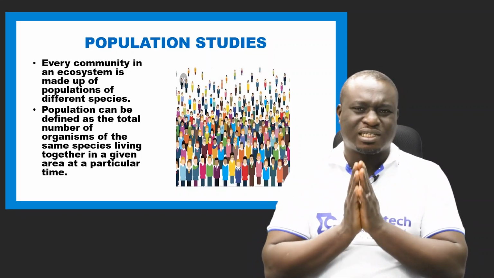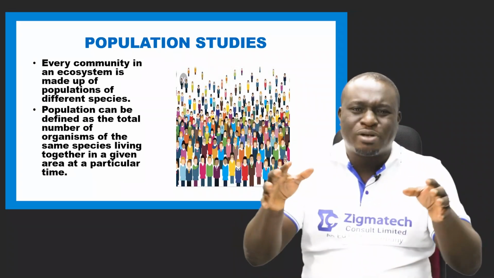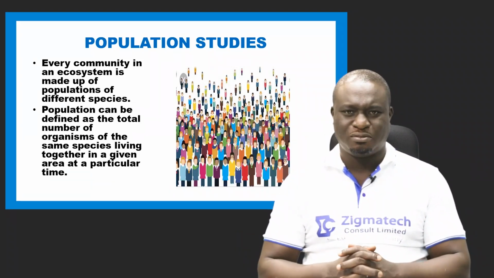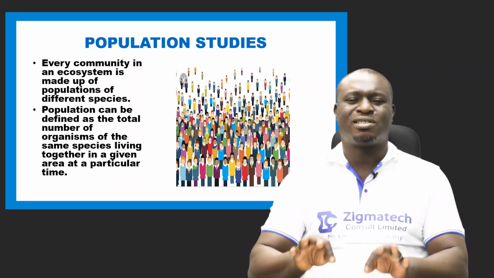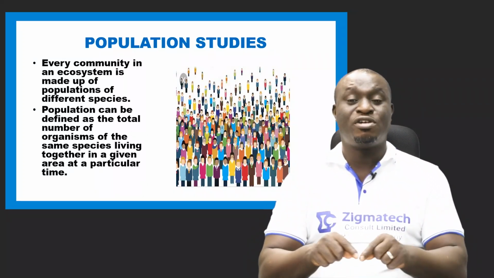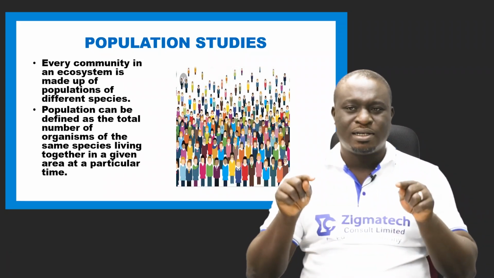Please take note of these keywords. I repeat, it is the total number of organisms of the same species living together in a given area at a particular time.